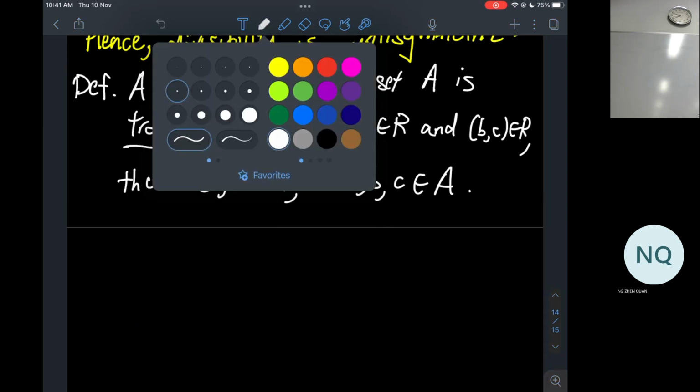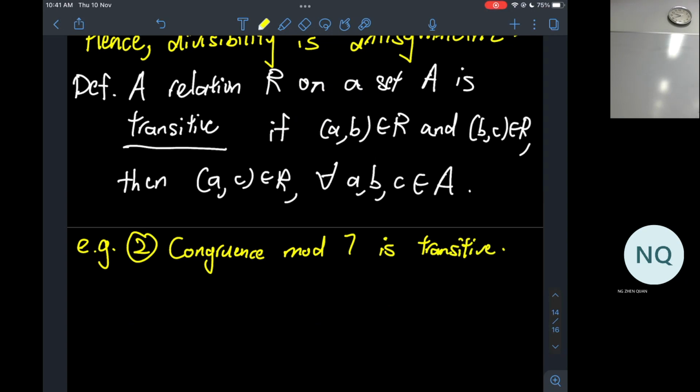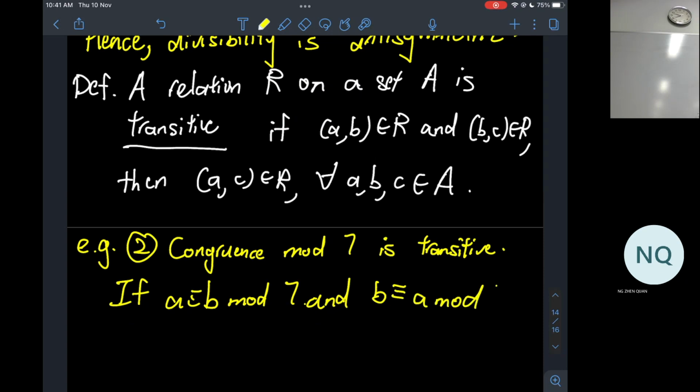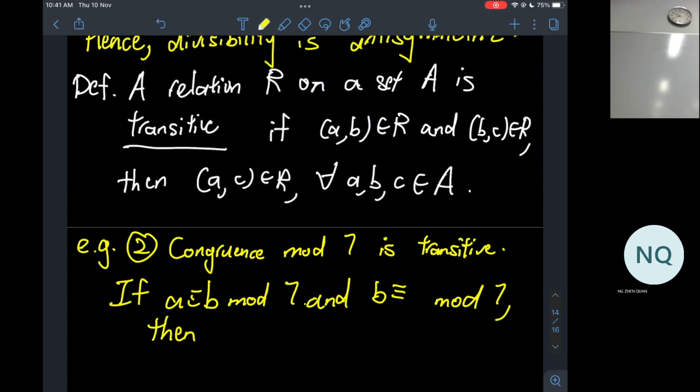So for example, congruence mod 7 is transitive. If a is congruent to b mod 7 and b is congruent to c mod 7, then a is congruent to c mod 7.